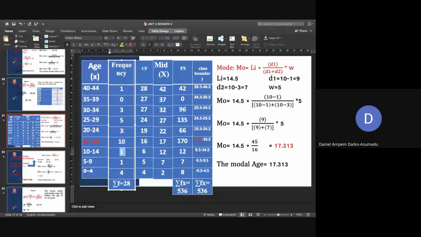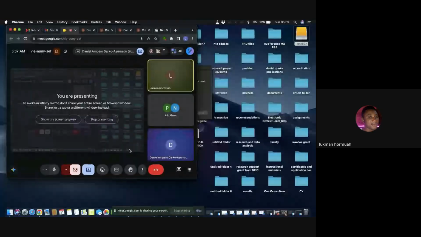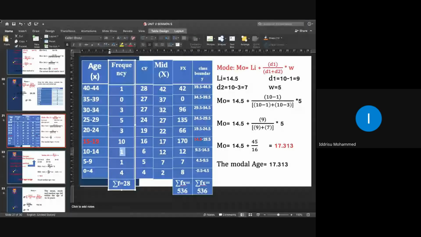Someone would say it is the one at the top. No, the table has turned. So the one before is now here, the 1, not the 3. Do you agree? We agree, sir.